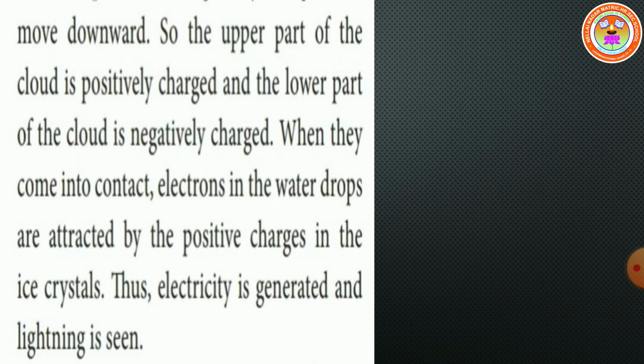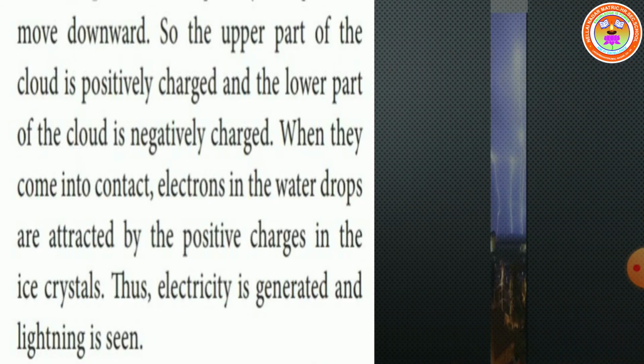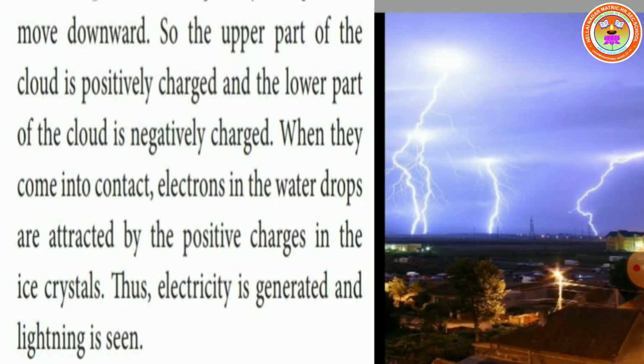So the upper part of the cloud is positively charged and the lower part of the cloud is negatively charged. When they come into contact, electrons in the water drop are attracted by the positive charge in the ice crystals. Thus the electricity is generated.